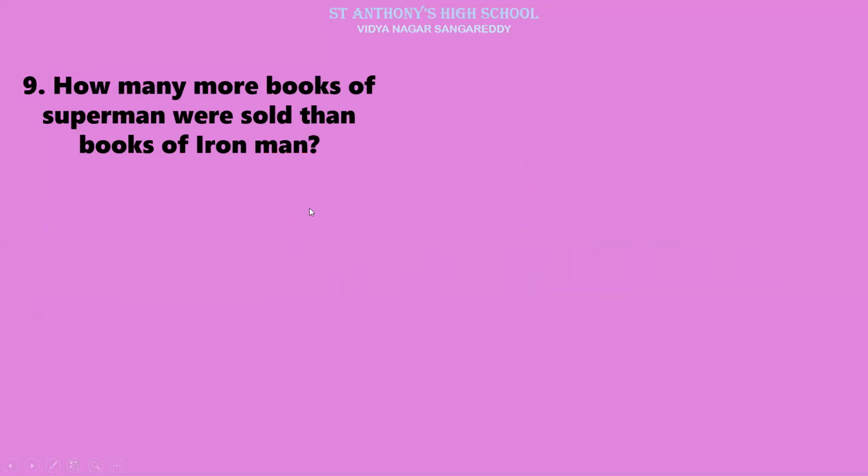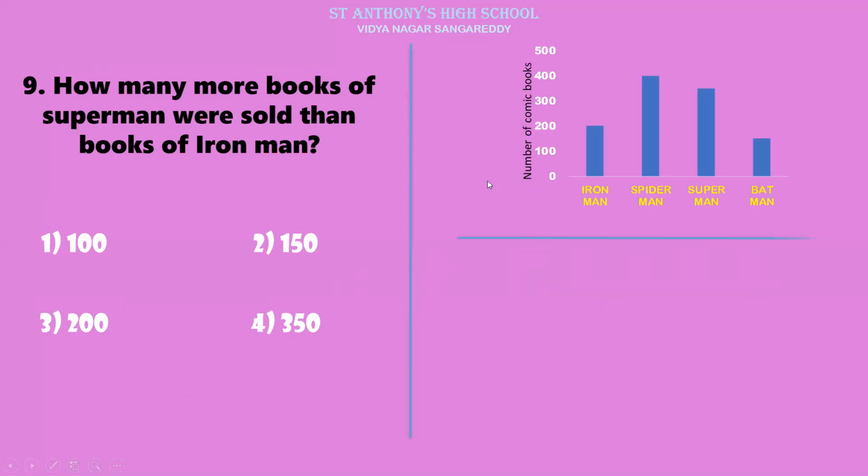Next question. How many more books of Superman were sold than books of Iron Man? 100, 150, 200, 300. Oh, sorry, 350. So what is the answer? Is this correct? Let's have a look. The number of Superman books sold is 350, and the number of Iron Man books sold is 200.